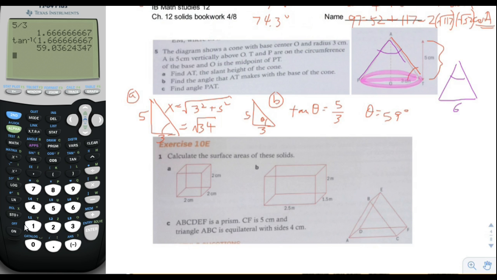We know that the height is 5. We know the slant height is square root of 34. We know the angle here is 59 degrees. By the way, the square root of 34 is 5.83.